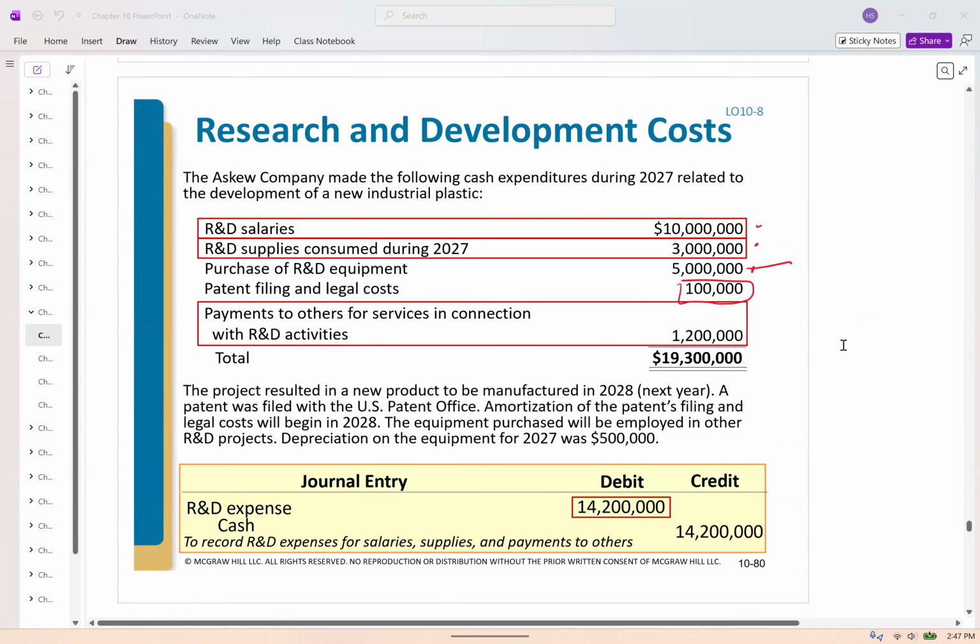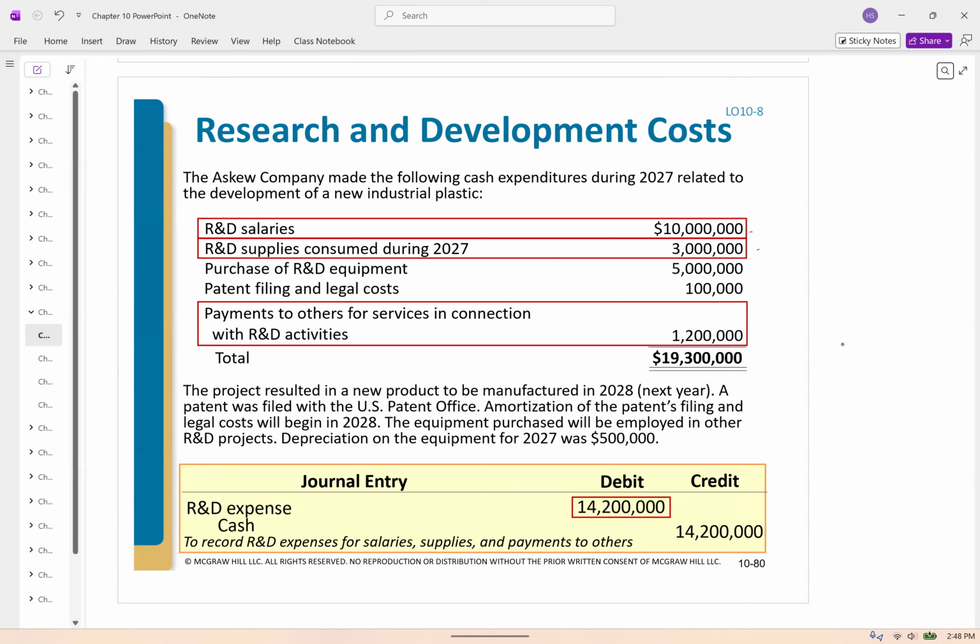So I am going to jump on down here to this example. I thought this was really good. This is an example showing how much money could go into R&D expense. They have salaries, supplies, payments to others for services in connection with the R&D activities. Notice they don't have circled the $5 million equipment or the patent.